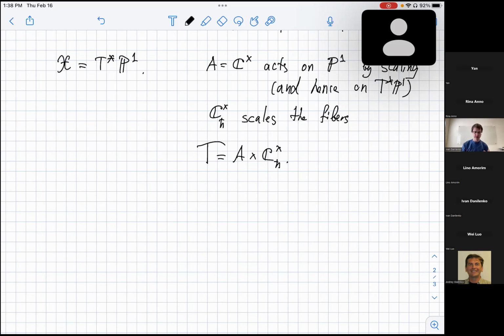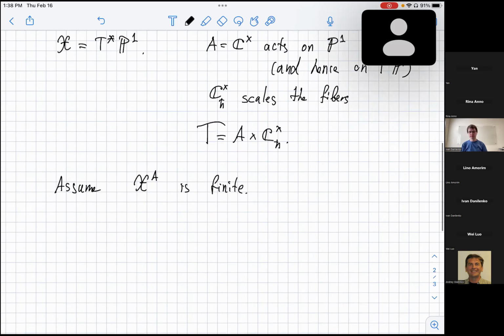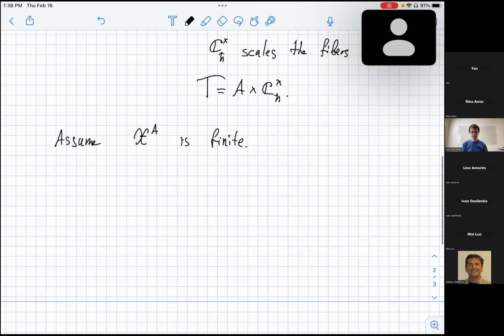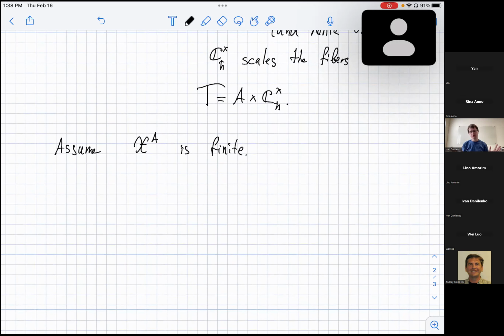Let me try to describe what this one is. In what follows, we will assume that the fixed locus is finite, because in our examples, in the second half of the talk, that would be the case.